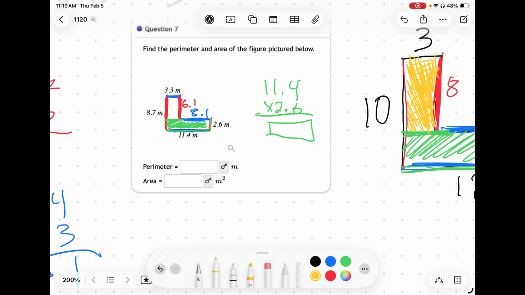Now we need to find the area of this one right here, but I don't want to include any of that green part that I already did. So what are the two sides of that yellow rectangle? Well, that's going to be that 6.1 and 3.3. So I'm going to do 6.1 times 3.3 over here. I'm going to get some answer, and then I need to add those together for my actual total area.